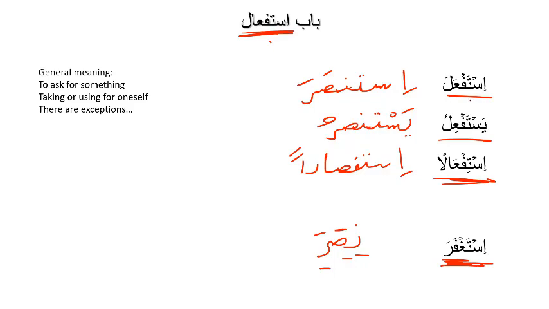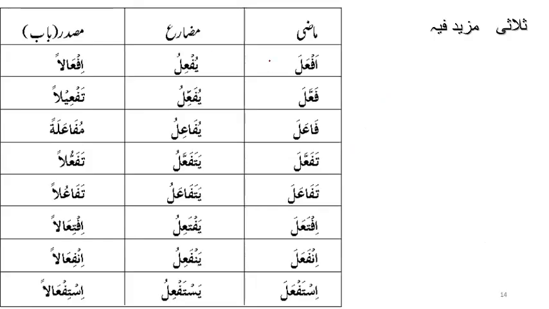All right. So these are the 8 babs that we've covered. Af'ala yuf'ilu if'alan. The classic example for this was akrama yukrimu ikraman. Then we had fa''ala yufa''ilu taf'ilan. The classic example for this is sarrafa yusarrifu tasrifan. Then we had fa'ala yufa'ilu mufa'alatan.